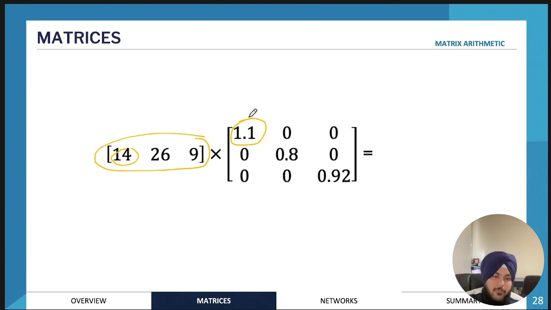So we'll have 14 times 1.1 plus 26 times 0 plus 9 times 0. If we were to multiply this matrix, you will get 14 times 1.1 as your first element.